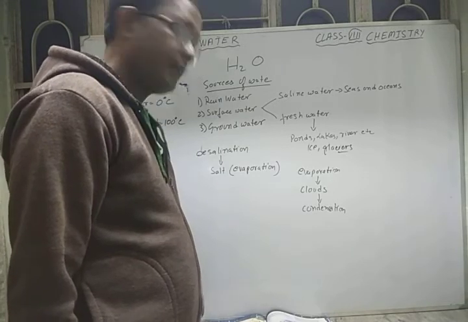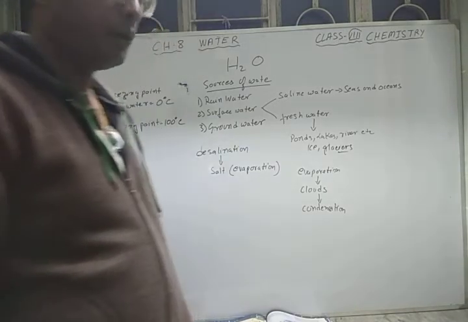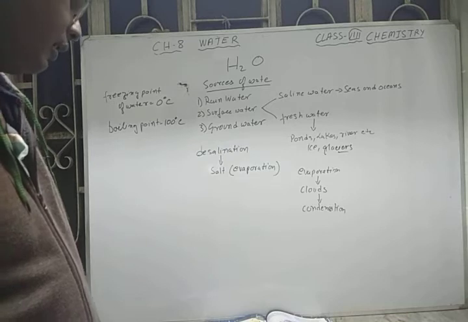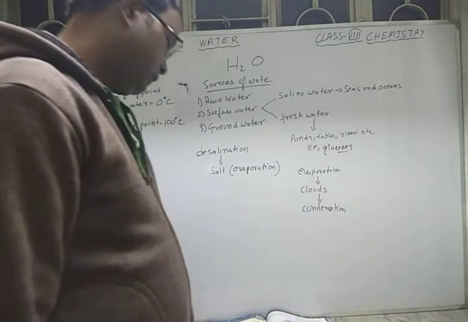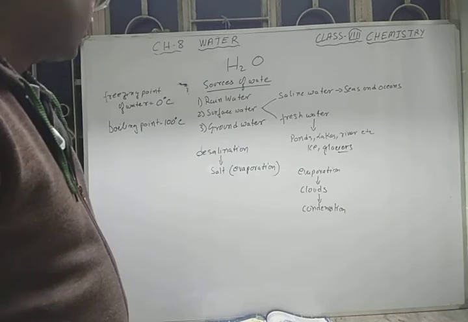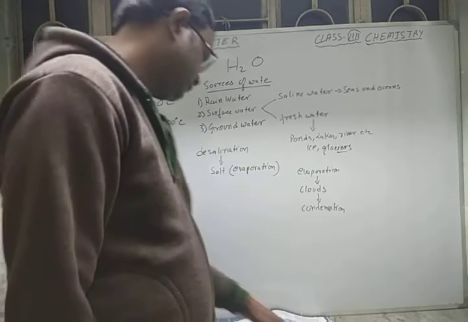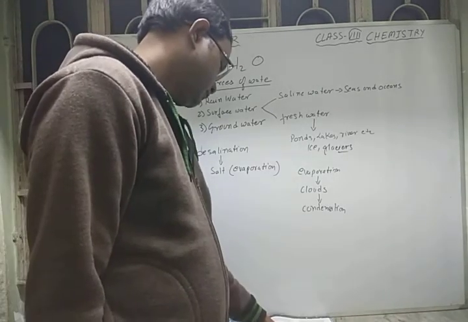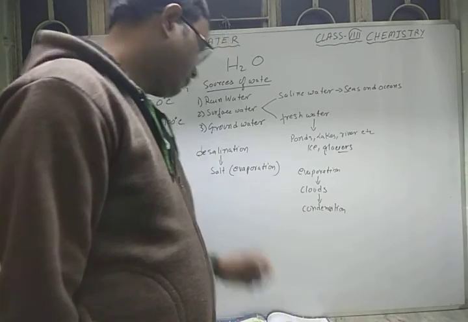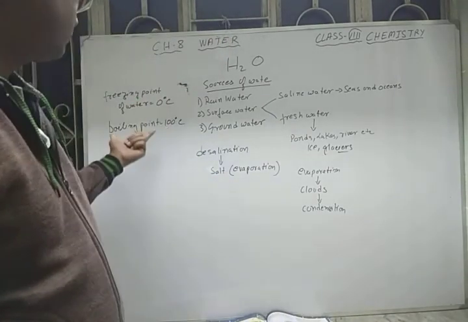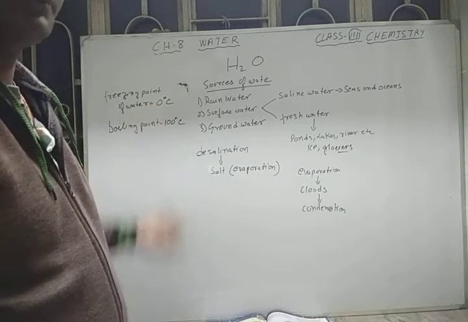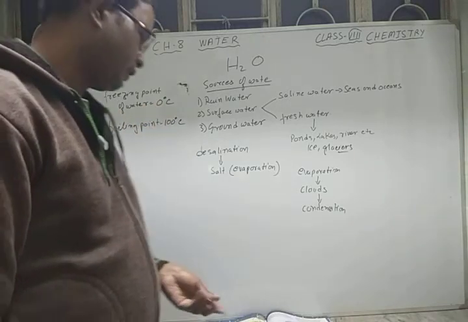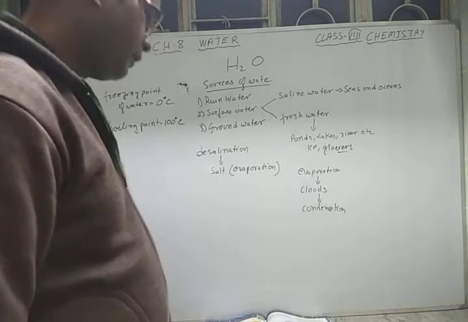And if the temperature increases above 100 degrees Celsius, the water vaporizes into water vapor. After that, what are the effects of this change in the boiling point and freezing point of water? First is the pressure.